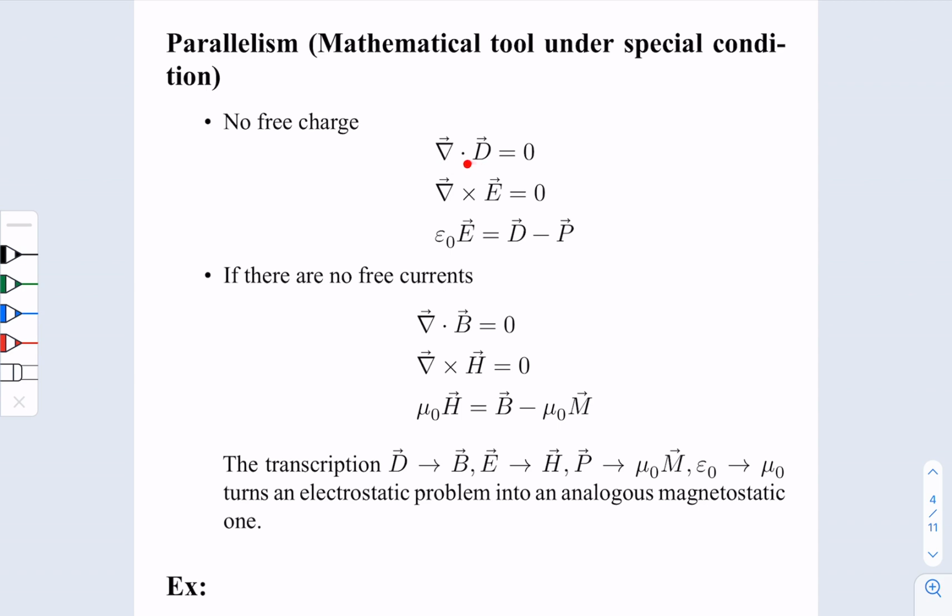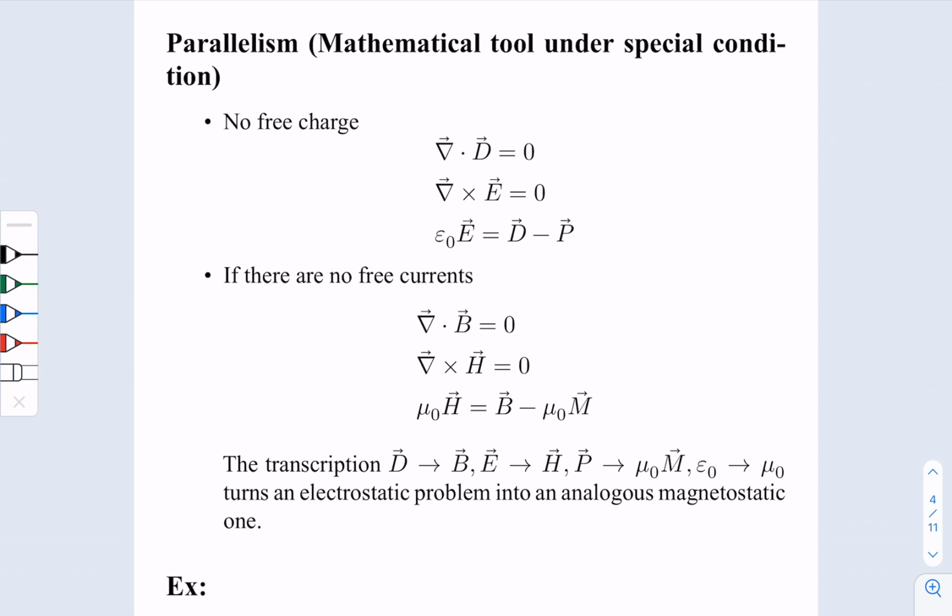In principle, del dot D should be equal to the free charge, rho free, right? So this equation is correct because of no free charge. And del cross E is 0, because Maxwell's equation dictates that the curl of E must be 0. And then the final equation is simply the relation that relates E, D, and the P vector.